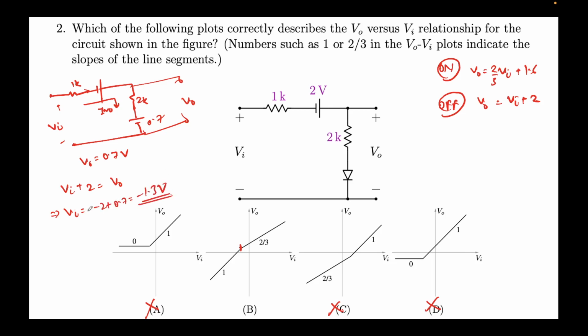So when V in is minus 1.3 volts, that is when the diode will switch from off to on. So we can write that this will turn on at minus 1.3 volts, and this makes sense. So B will be the correct option for this question.